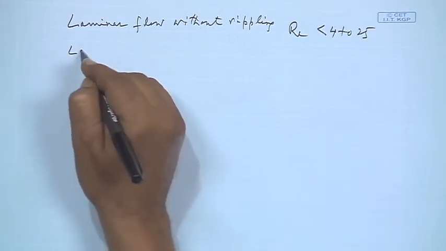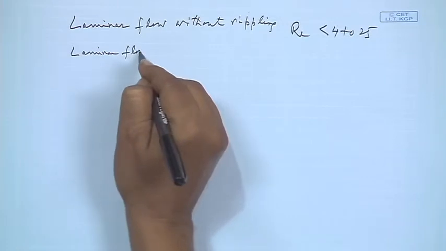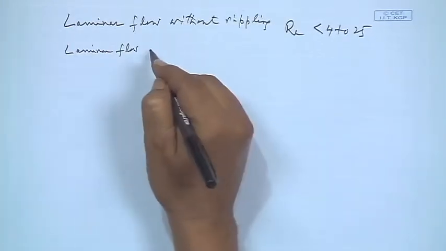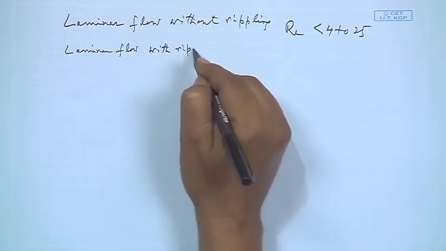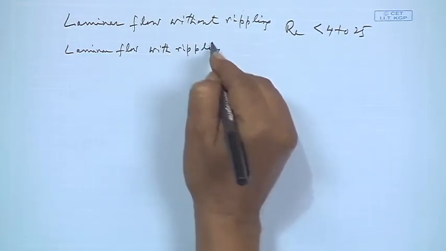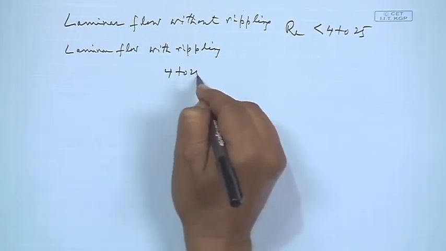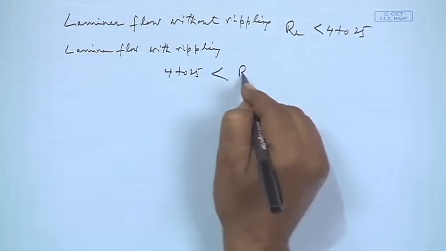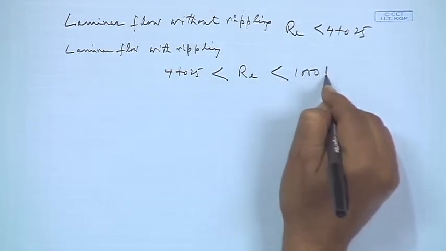Then laminar flow with rippling is between 4 to 25 and 1000 to 2000.